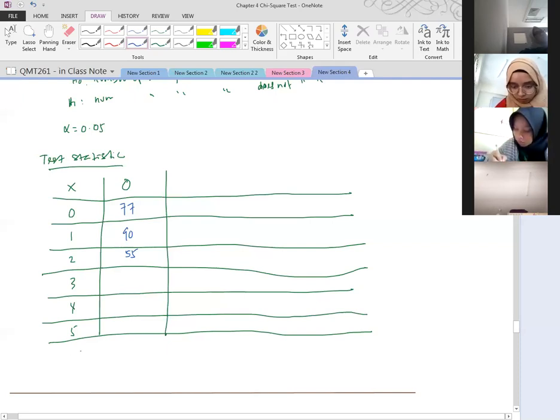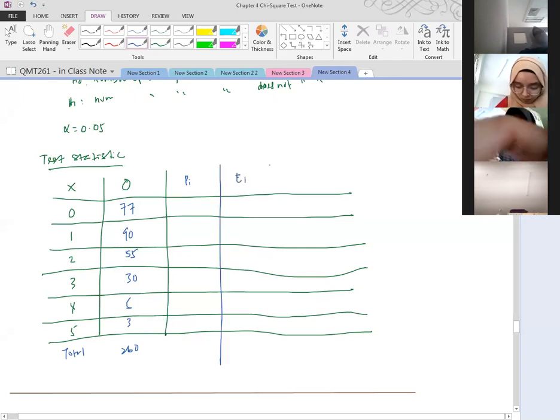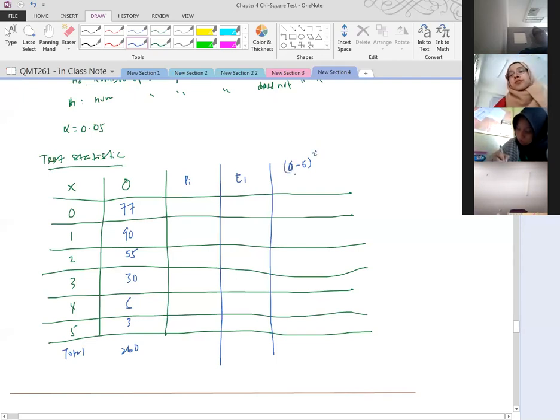Next we need to find the value of probability, and next is the expected frequency. And last is observed minus expected squared, divided by expected.